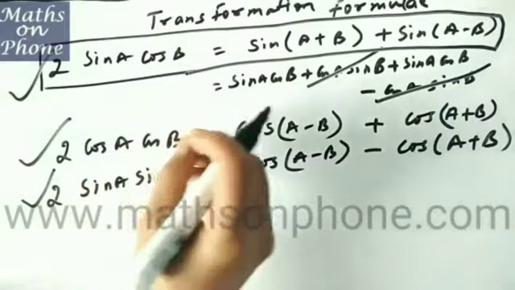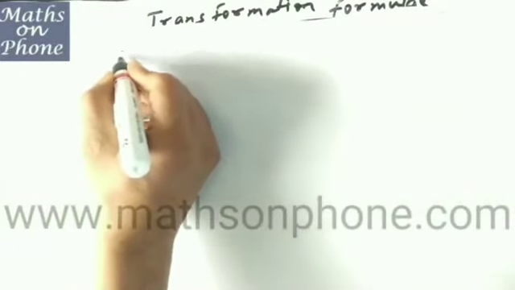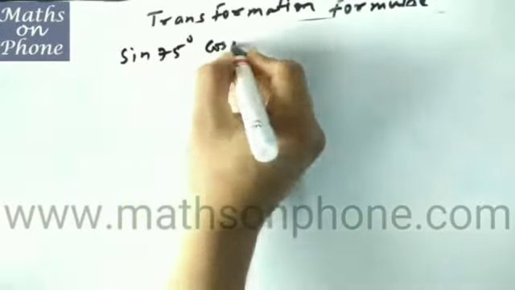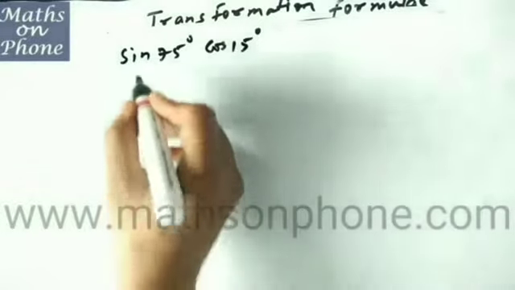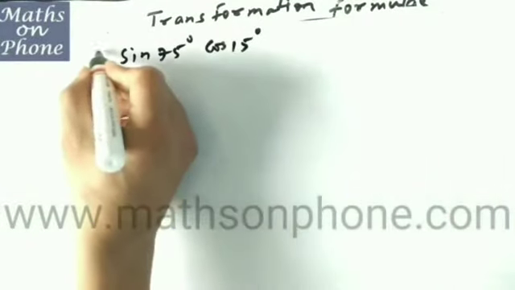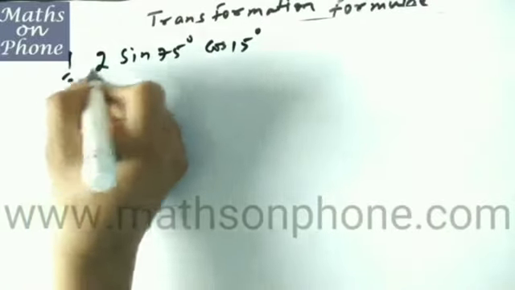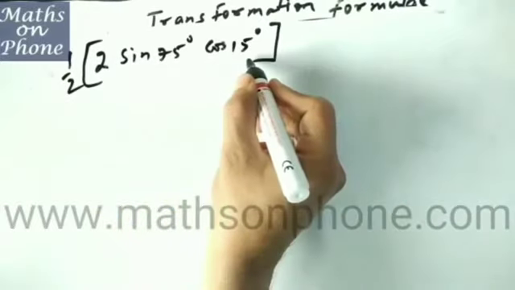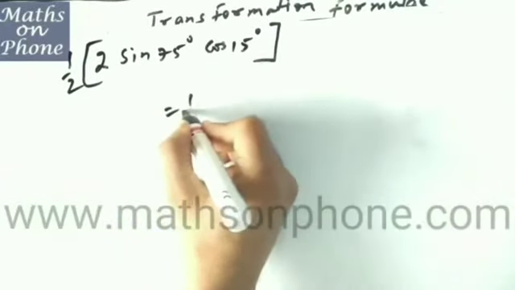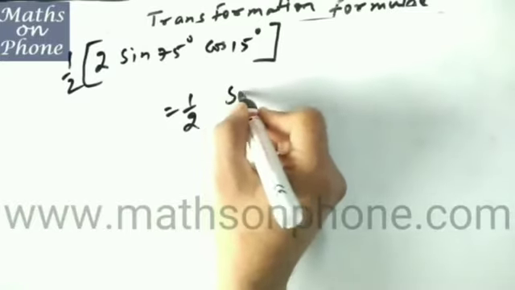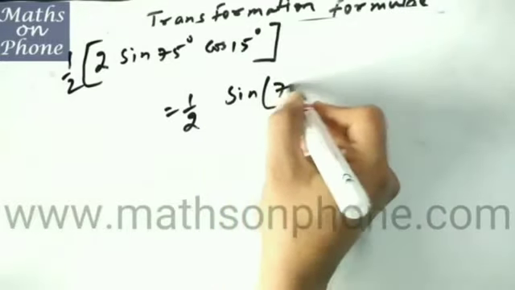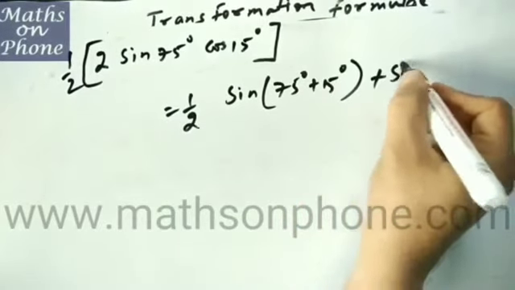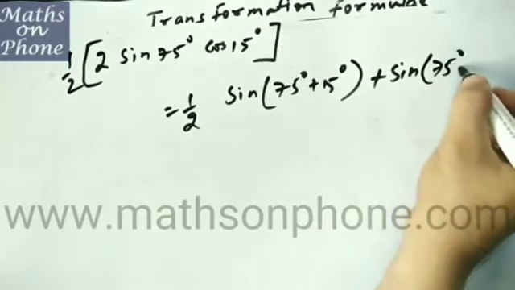Very good application of these formulas we will see. Suppose we need to find the value of sin 75° into cos 15°. How can we proceed? It is sin A into cos B. If I just multiply by 2 and divide by 2, the thing is settled. So it is in the form 2 sin A into cos B. What is the formula? You know this. This is sin(A+B), 75 plus 15, plus sin(A−B), 75° minus 15°.